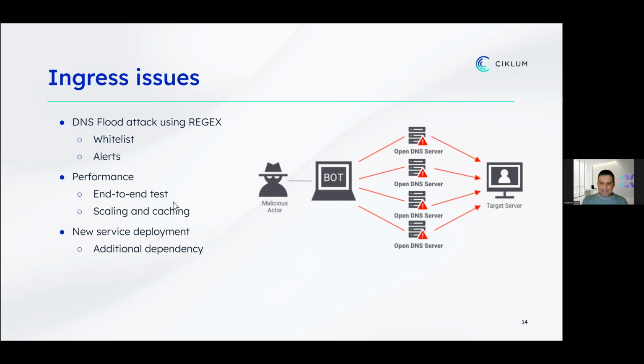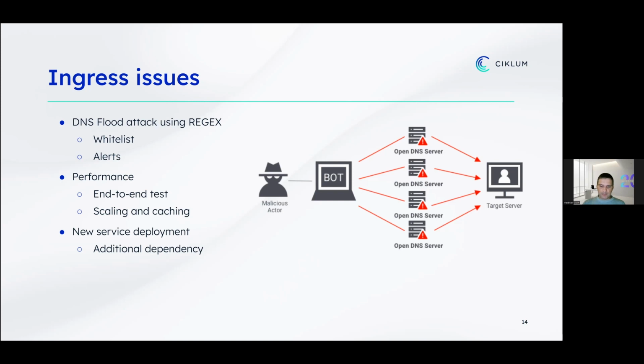Also, this ingress affected performance because it's a reverse proxy and it doesn't do any SSL offloading. So basically, it has its own SSL certificate and all the stuff. And here we also have additional performance considerations because this ingress affects performance, and we had to do end-to-end tests.